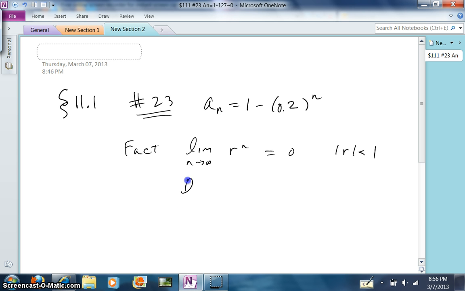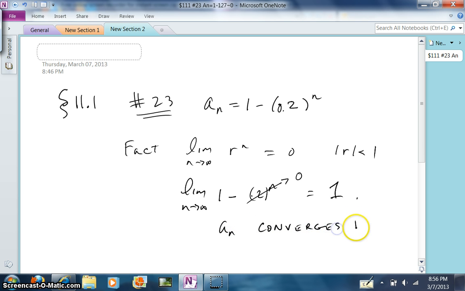So when I do the limit as n goes to infinity of 1 minus 0.2 to the n, this part goes to 0, so the limit equals 1. And so a_n converges to 1. That's the language we use for that.